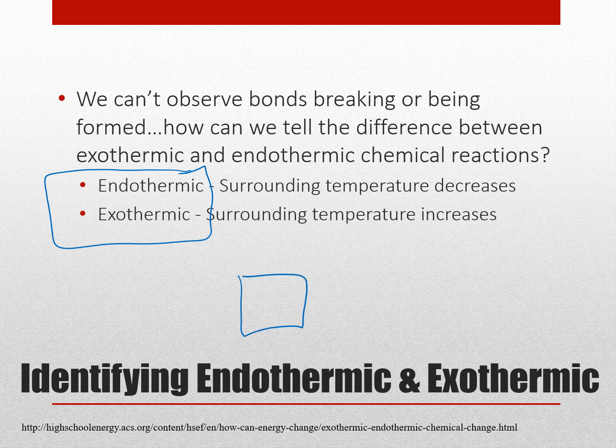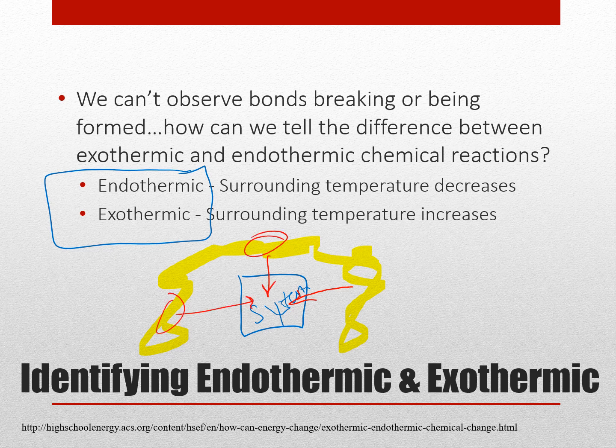If this is my system, and this is my surroundings out here, and the surroundings temperature decreased, what that means is that my system is absorbing the energy that my surroundings just gave up. I would notice that the surroundings temperature decreased, but my system would increase its amount of energy. Notice that it is absorbing it.